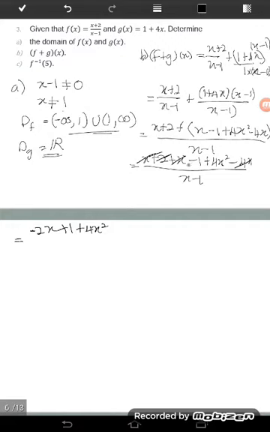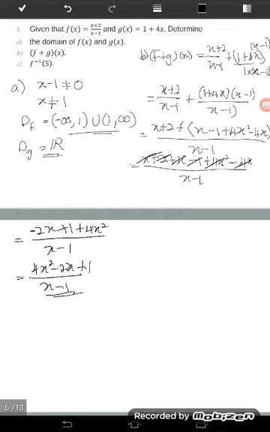So this one is done, and this one also done, over x minus 1. Okay, next rearrange. So we have 4x squared minus 2x plus 1 over x minus 1.